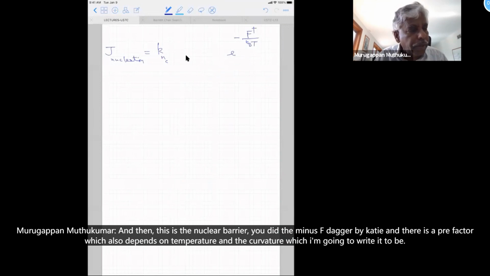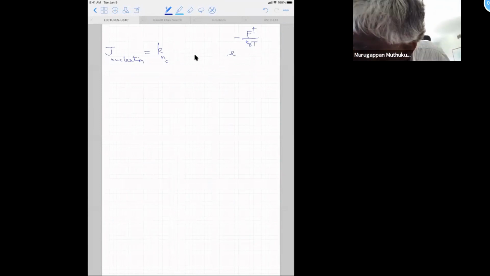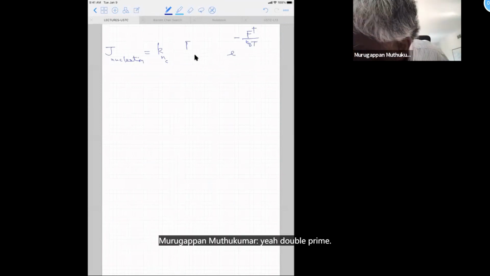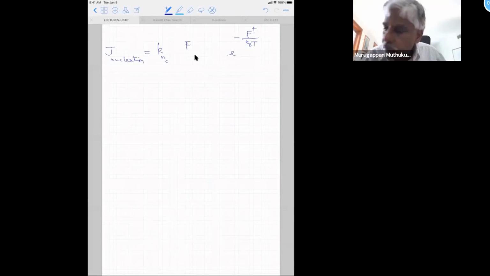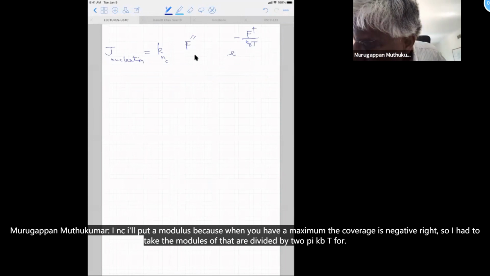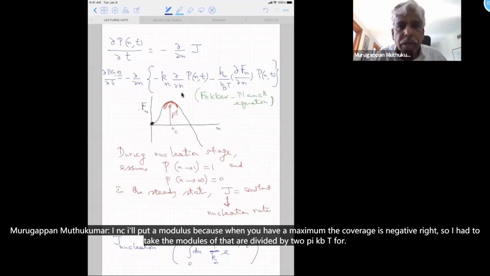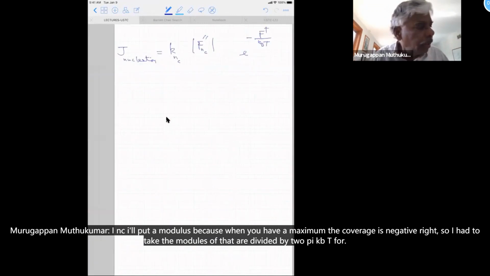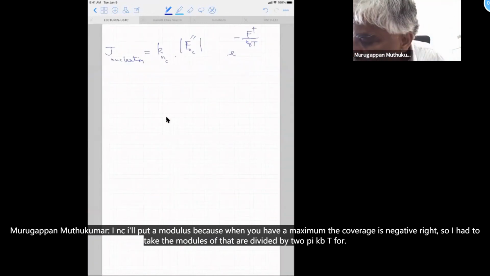And there is a prefactor which also depends on temperature and the curvature, which I'm going to write to be F double prime at N_C. I'll put a modulus, because when you have a maximum, the curvature is negative, right? So I have to take the modulus of that, divided by 2 pi kBT, power half.